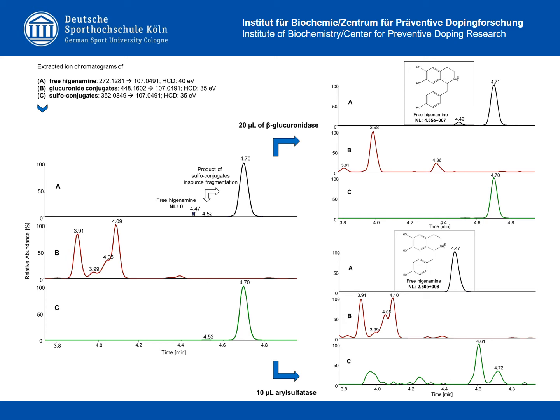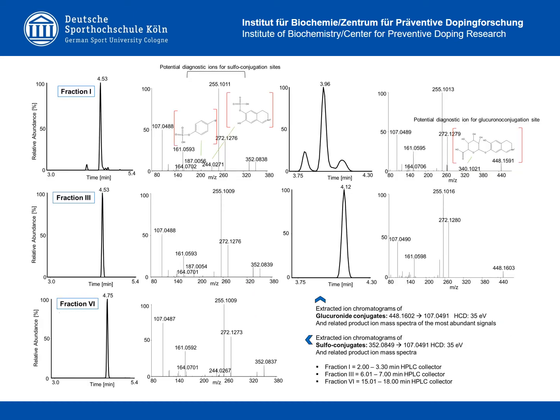We can observe the retention times match the retention times of the sulfate conjugates in letter C in the same sample. On the right side, we have the product of the hydrolysis using the different enzymes. In the upper side, we have the free Higenamine obtained by using beta-glucuronidase, and below we have the free Higenamine obtained using aryl sulfatase. So we can already have an idea which metabolite is the major contributor.